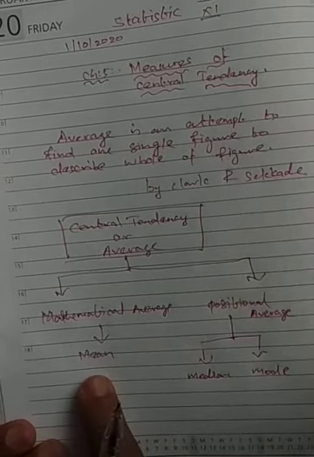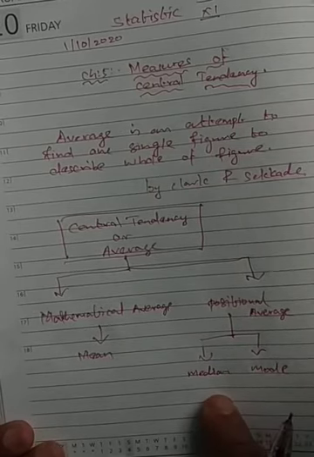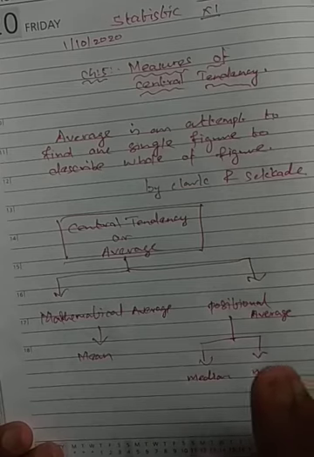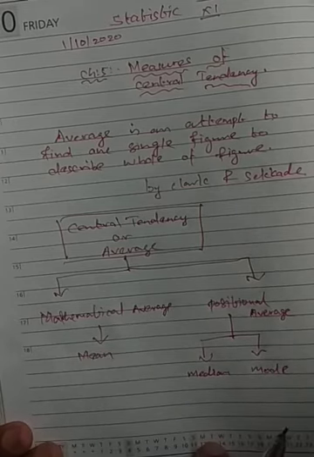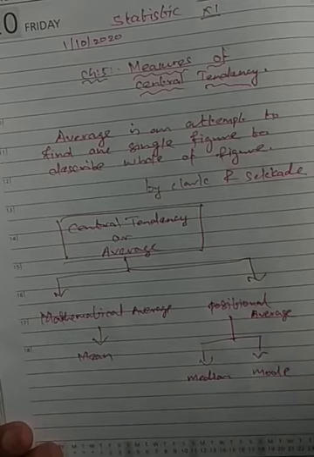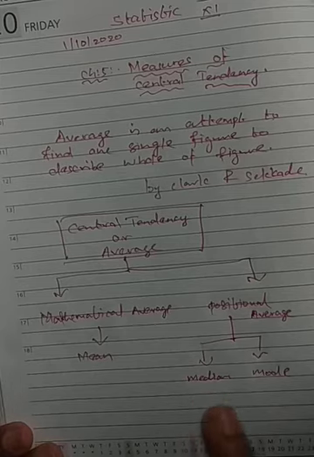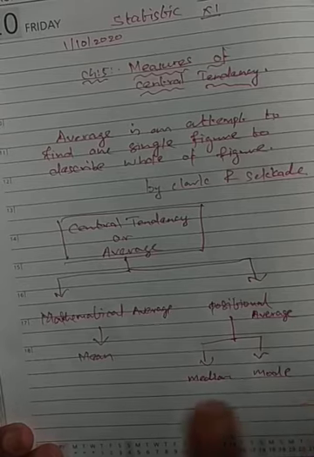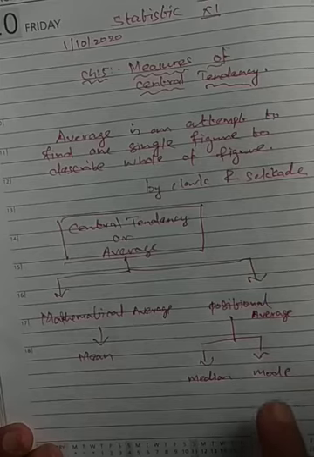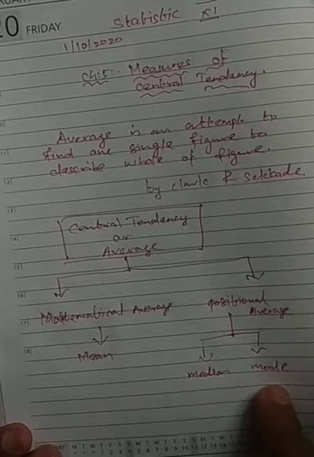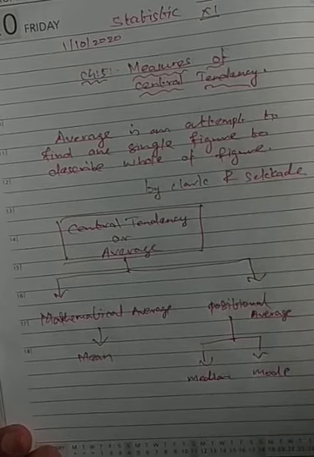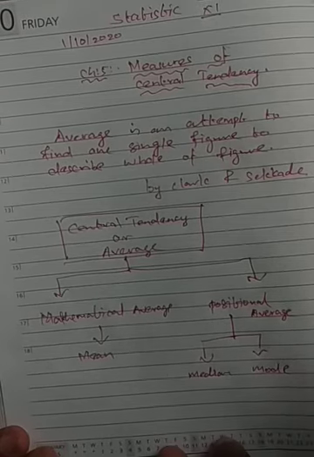Mean means average. Median means middle value. We have to arrange in ascending or descending order and take the mid value. If it is odd, one median will be there. If it is an even number of observations, we will have 2 values; you have to add the 2 and divide by 2. And next one is mode. Mode is nothing but the most frequently repeated data.